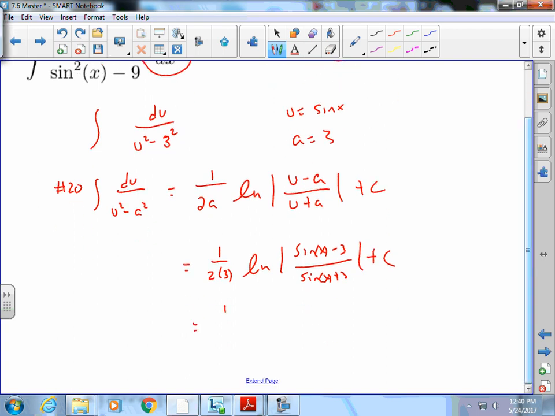So this final answer is 1 over 6, the natural log of the absolute value of sine x minus 3 over sine of x plus 3. And don't forget to add our constant, because these are indefinite integrals.